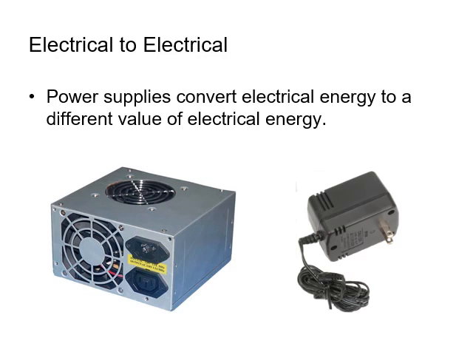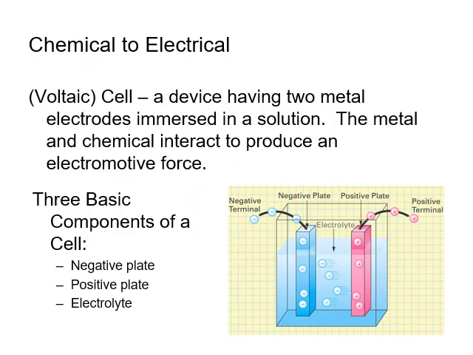Electrical to electrical is the example I said. A classic power supply would take AC from here, and then from here it would get you out DC current. That's electrical to electrical conversion.